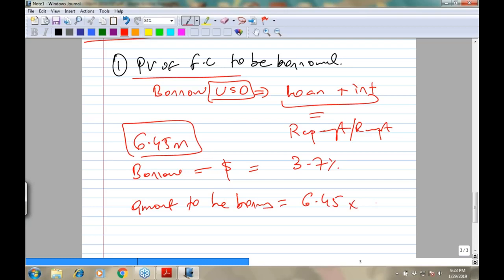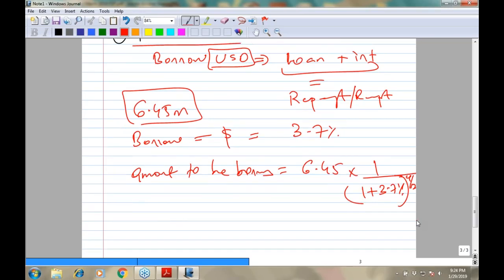So the amount to be borrowed is going to be 6.45 million multiplied by 1 upon 1 plus 3.7%, power 4 upon 12. So can somebody please confirm the amount of borrowing?